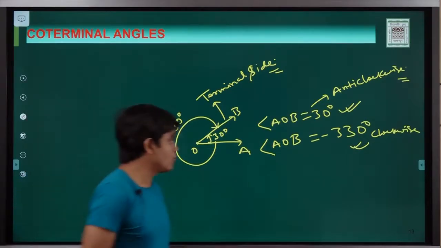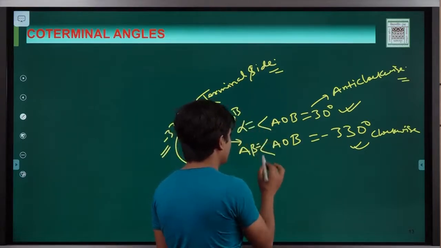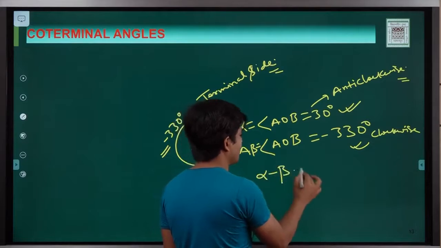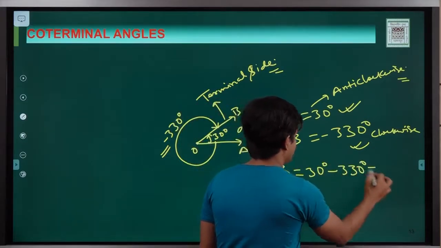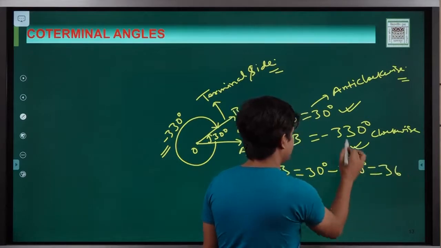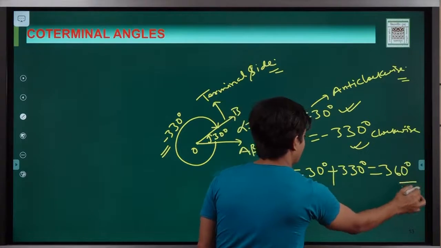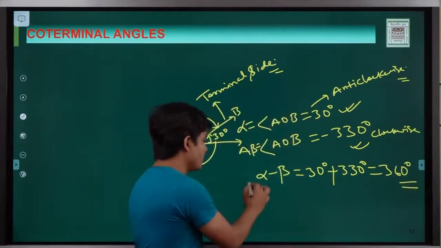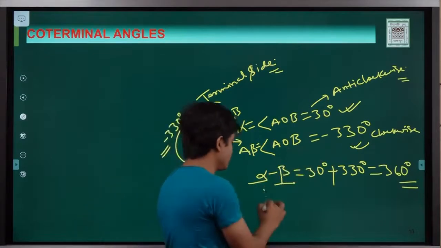One observation: call it alpha and call it beta. Alpha minus beta will be 30 degrees minus minus 330 degrees, which is certainly plus 360 degrees.